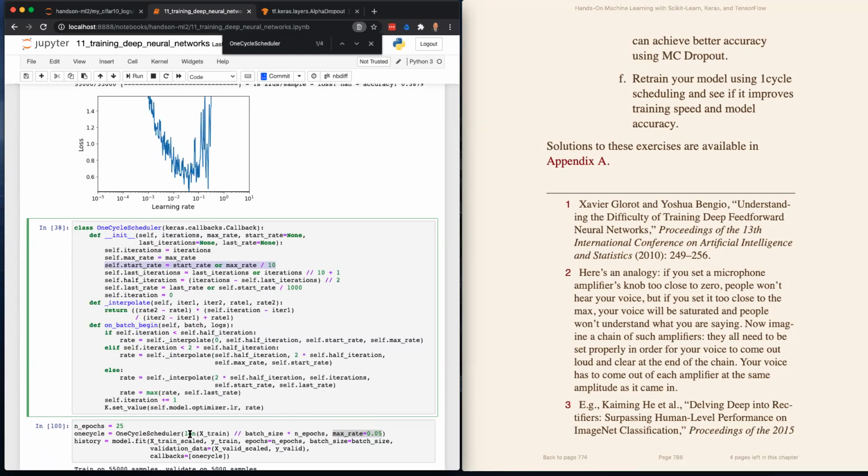Start rate, maybe. What's the start rate? Not sure, but otherwise it's like 10 times before, as you were saying. And that's the number of steps.